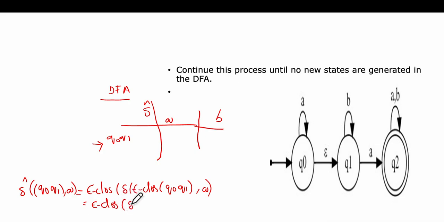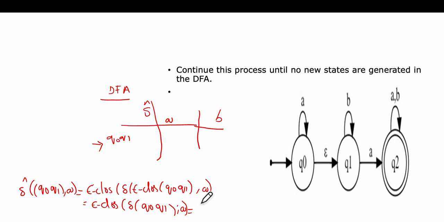First we solve the inner bracket. E closure of Q0 is Q0 Q1, as we have done, and E closure of Q1 is also Q1. So we are not repeating it here.